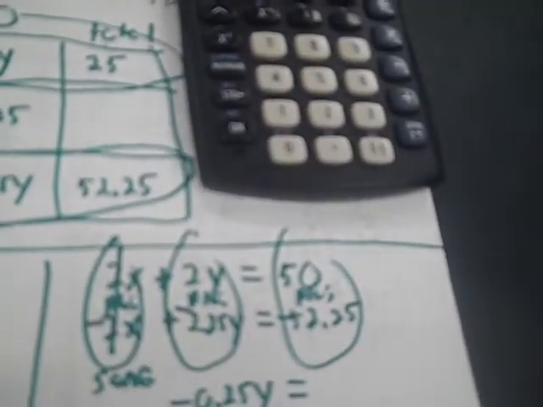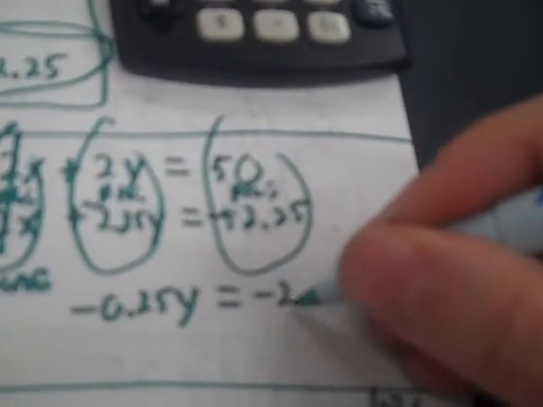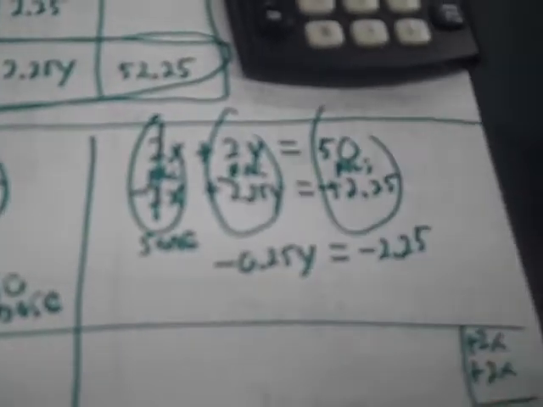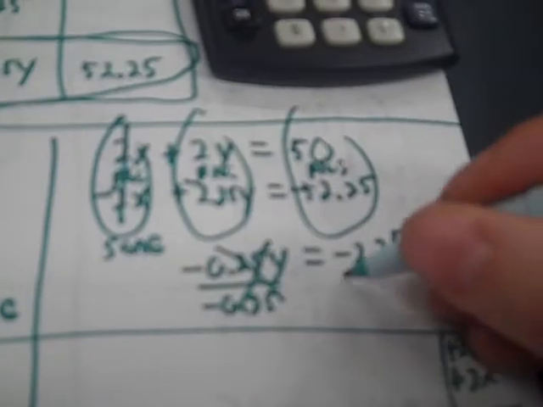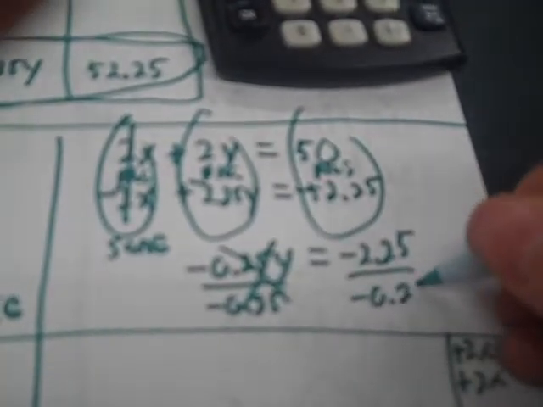Negative 0.25y equals, and then I take 50 plus negative 52.25, and that's negative 2.25. Okay, and then I will divide. So negative 2.25 divided by negative 0.25, and that's 9. And that was y.